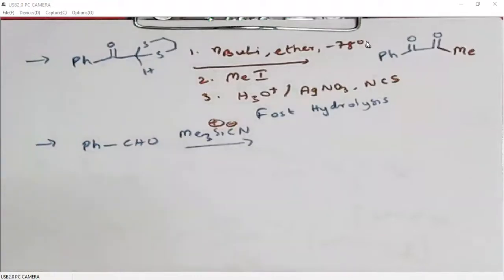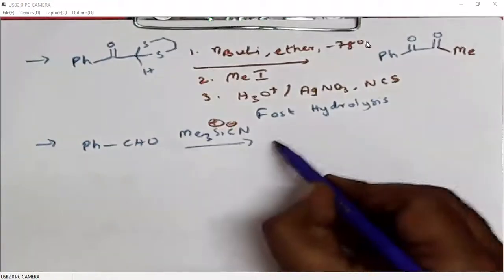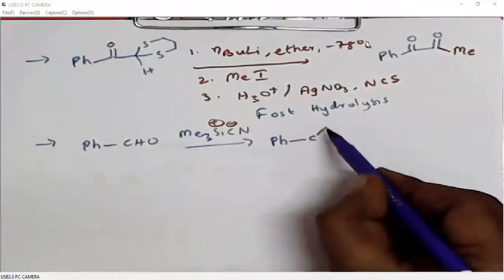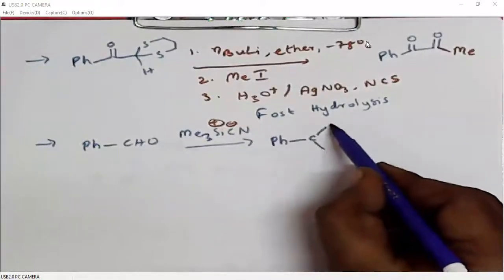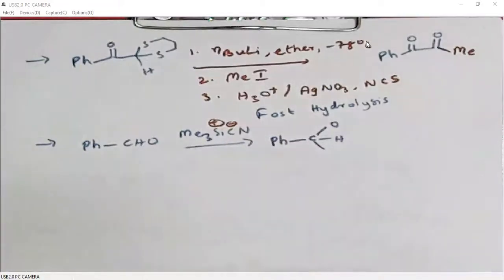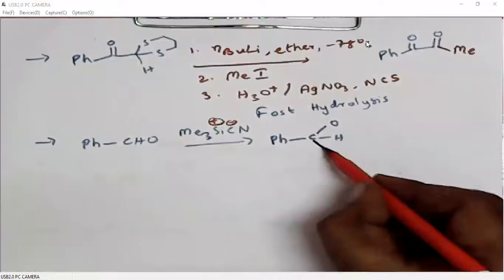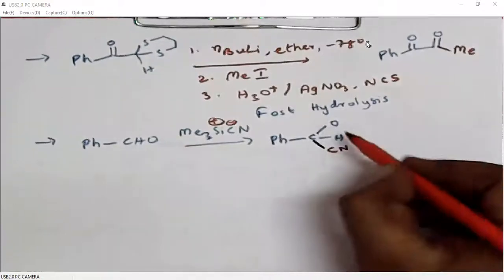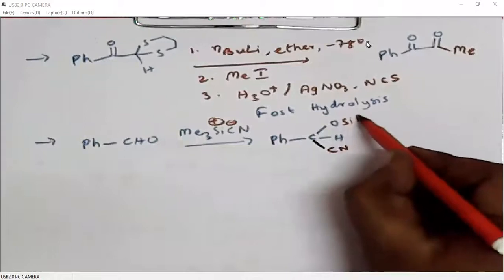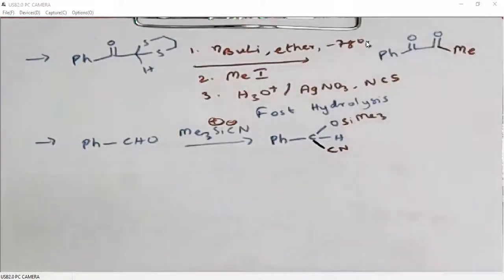So the nitrile will undergo nucleophilic addition to the carbonyl, so it generates the silyl ether.